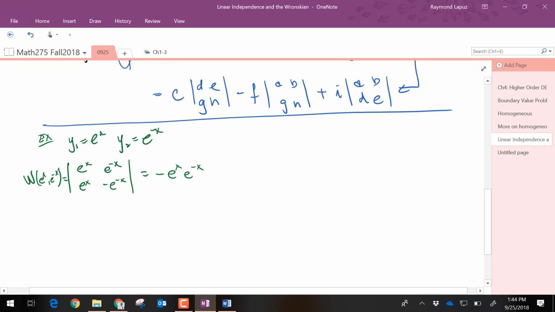That's just negative 1, right? And then minus these things, e to the x times e to the negative x, which is also equal to 1. So we have negative 1 minus 1, that's equal to negative 2, and it's not equal to 0. So it's linearly independent.